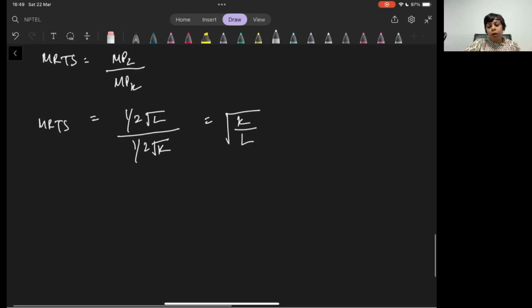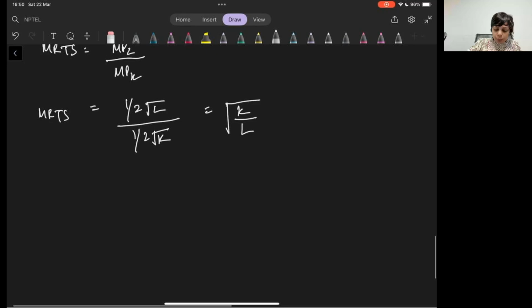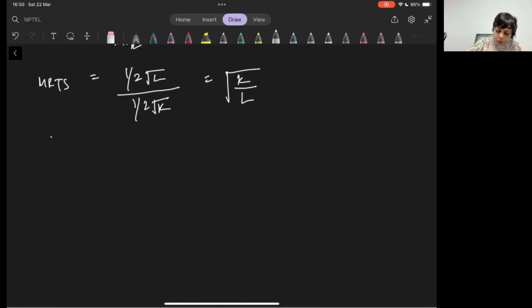And like I was saying, this is a condition we get from cost minimization. If you want, you can derive it using any other method. You can use Lagrange, you can use substituting the variable, and you will get the same condition.